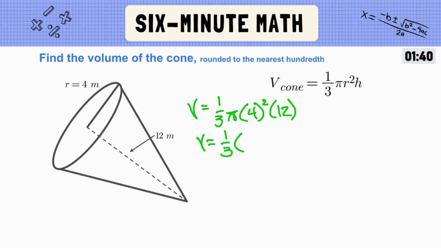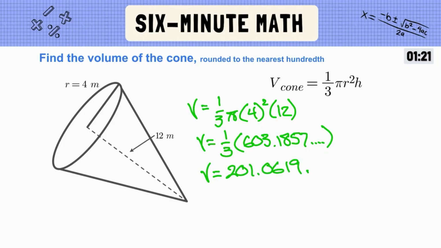Pi times 4 squared times 12 is 603.1857. I end up multiplying that by a third for a volume of 201.0619. And my question asks me to round it to the nearest hundredth for a final volume of 201.06 cubic meters.